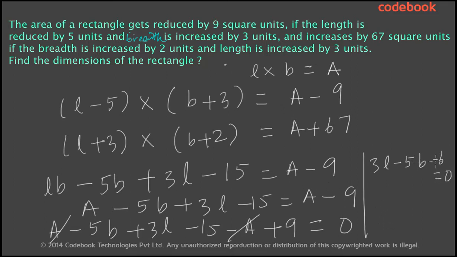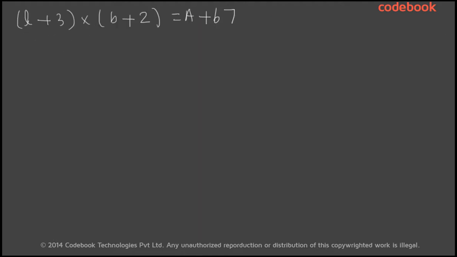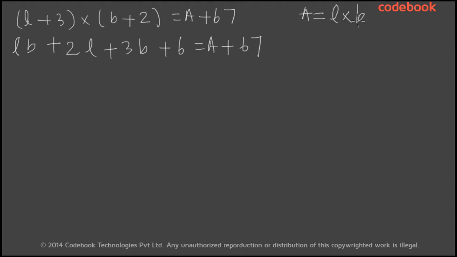That is my first equation. So the second equation that we have is (L plus 3) times (B plus 2) equal to A plus 67. Similarly, now let's multiply each term. So we have LB plus 2L plus 3B plus 6 equal to A plus 67. Again, we know that A equal to L times B, right? So LB is nothing but capital A, plus 2L plus 3B plus 6 equal to A plus 67.